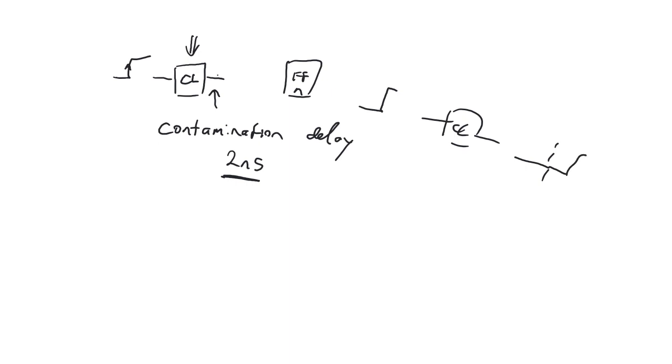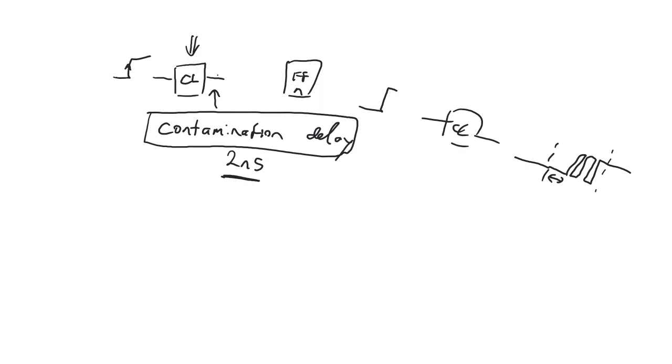Then it's going to do who knows what. There might be glitches present and whatnot. And then after another period, we're going to have the correct answer. This is what our simple model says. And the first part, the time when we guaranteed that the output will not change, is called the contamination delay. The time it takes until we get the correct answer is known as the propagation delay.